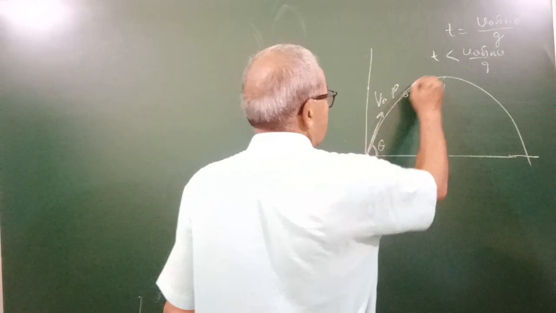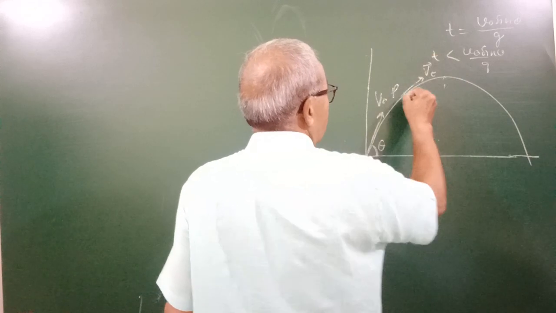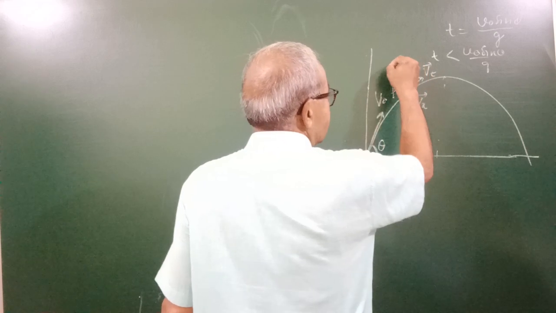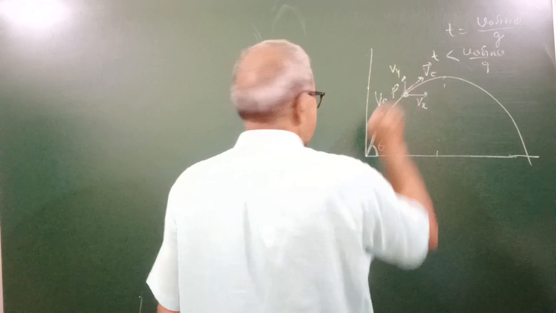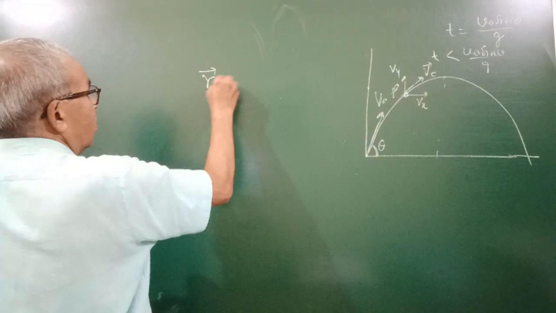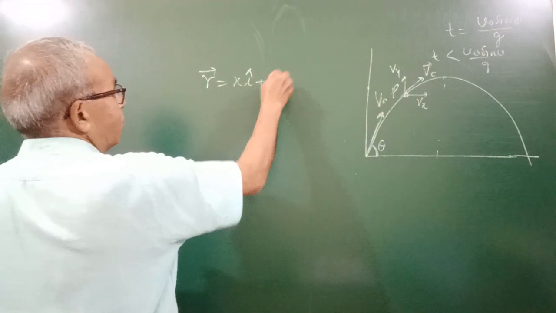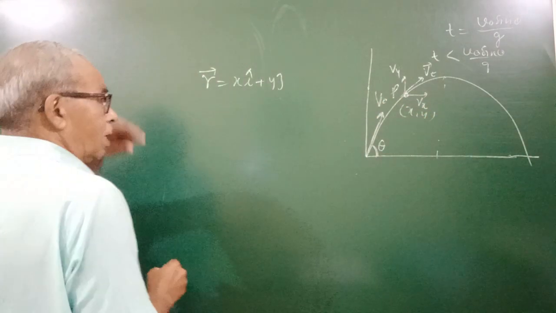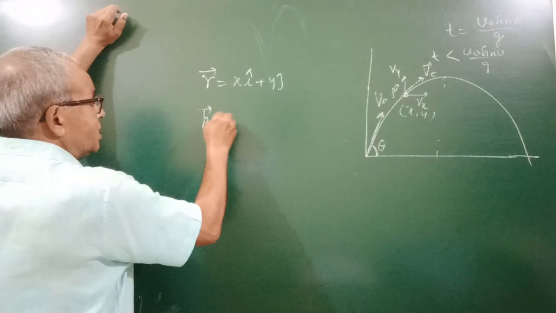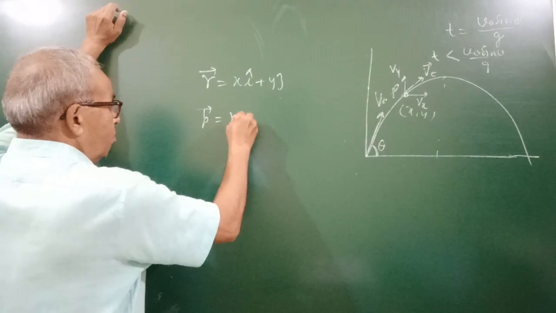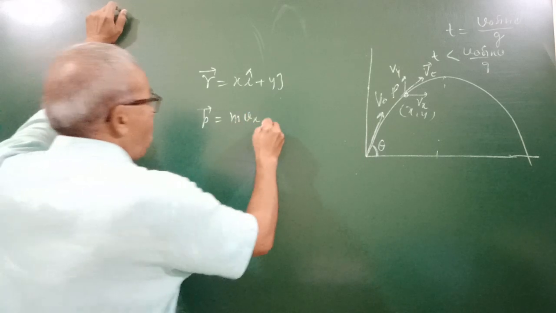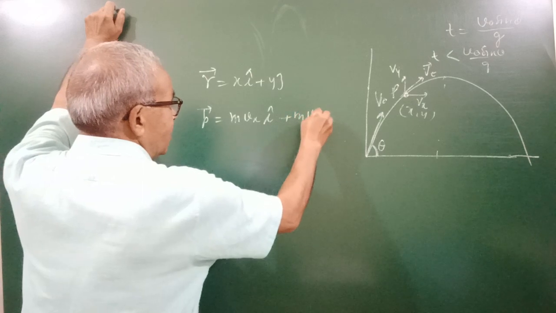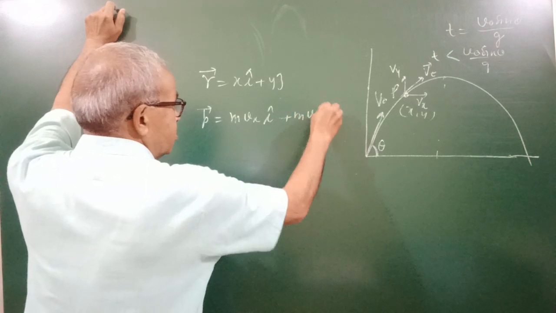Actually when it is here, it will have velocity Vt, which will have components Vx and Vy. And its position vector r will be x i cap plus y j cap, if x, y are the coordinates of this point, and the momentum vector p will be m vx i cap plus m vy j cap.